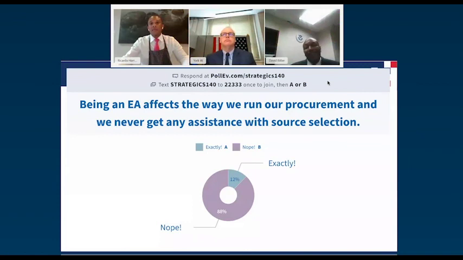And in some instances, on some of the larger procurements, we've even had members of other components who've sat on the business team or past performance team, again, to help us with the source selection.